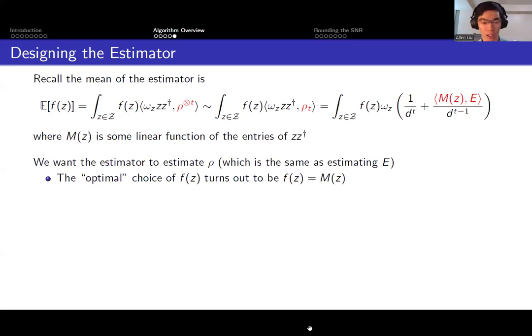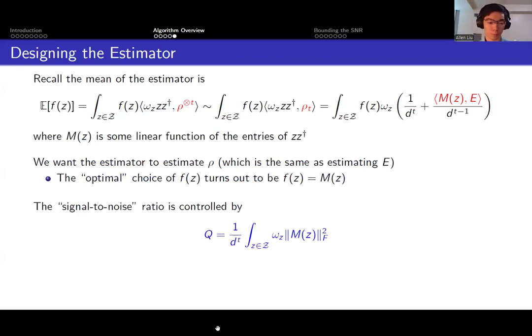Some intuition for why this is natural and optimal is that the signal is the correlation between f and M, and we are subject to a variance constraint because the variance scales with f squared. So the natural and optimal choice turns out to be to set f of z equal to this expression M of z. Now the signal to noise ratio of our estimator, we can do some computations and show that it is controlled by this average value of the Frobenius norm of M of z squared.